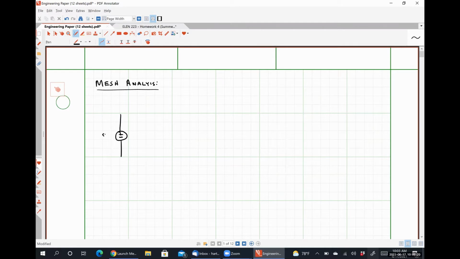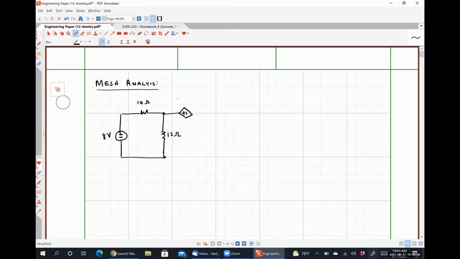Where we have an 8-volt source here on the left. A 14 ohm resistor here. A 12 ohm resistor. I'm going to go ahead and get a dependent source into the mix.